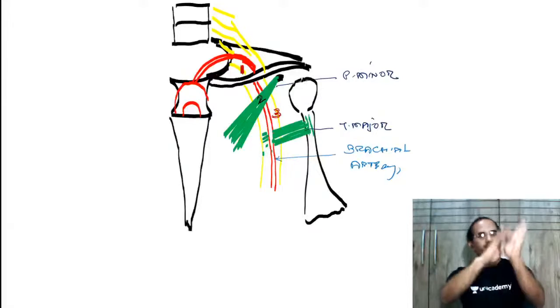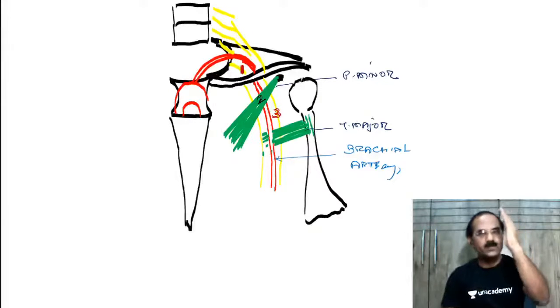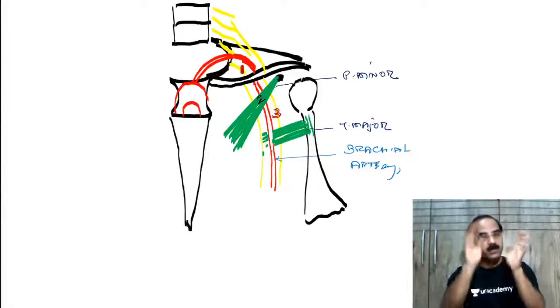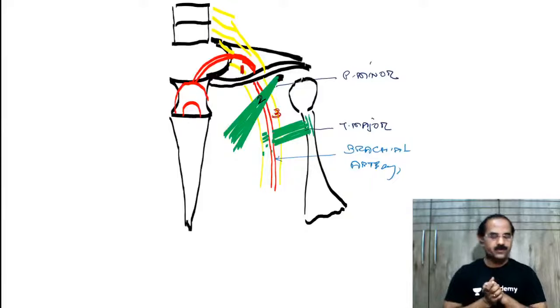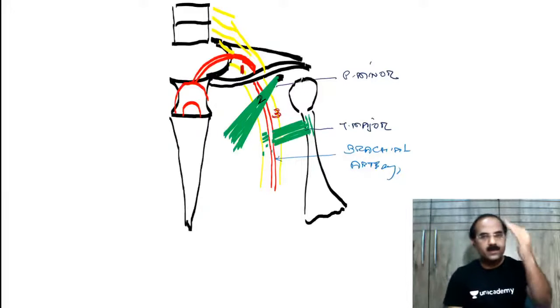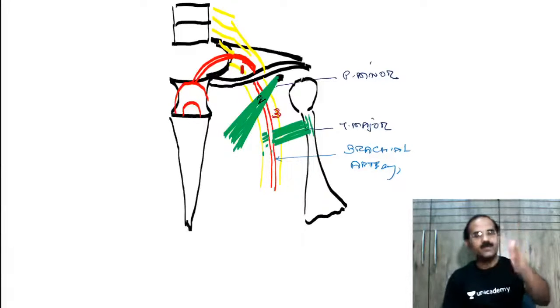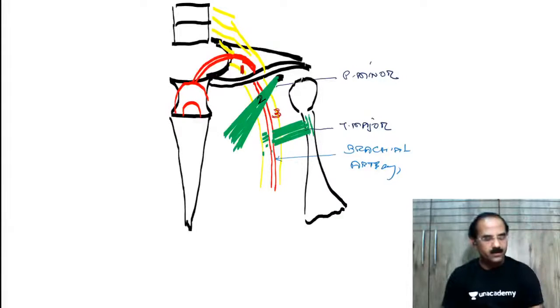Axillary artery, it's a continuation of the subclavian artery at, the landmarks are very important for you. First Prof students, the landmarks and all are very important. So the axillary artery is a continuation of the subclavian artery at the outer border of the first rib.